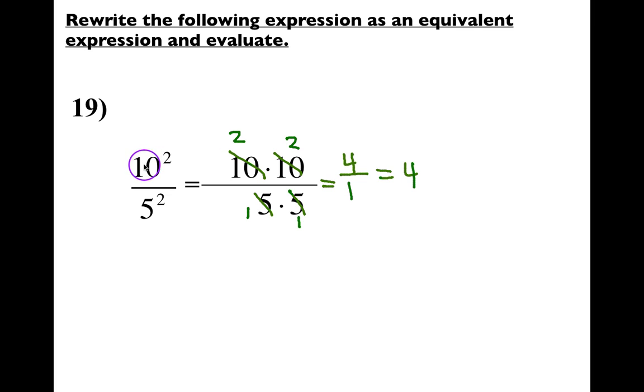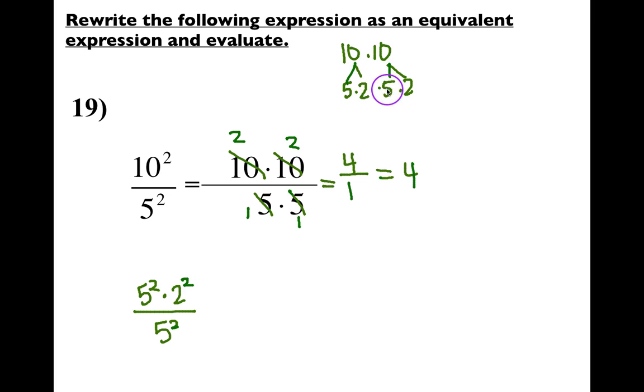So what I'm doing is I'm going to break it up. So I'm going to go ahead and put 5 squared in my denominator like so, but because I want to see if I can cancel out any 5s, I'm going to pull out 5s. I'm going to break it into 5 squared times 2 squared, okay? Because if you think about it, 10 times 10 is the same as 5 times 2 times 5 times 2. So essentially you have 2 5s and 2 2s.